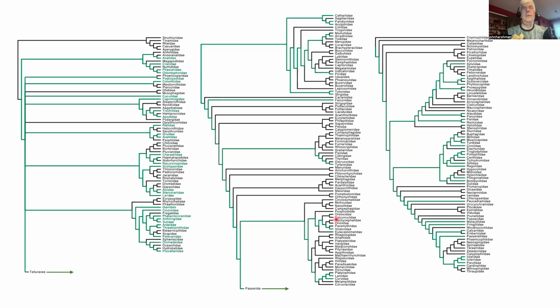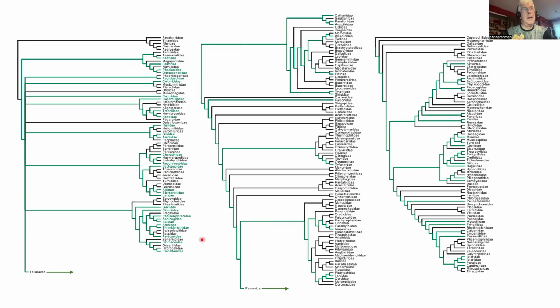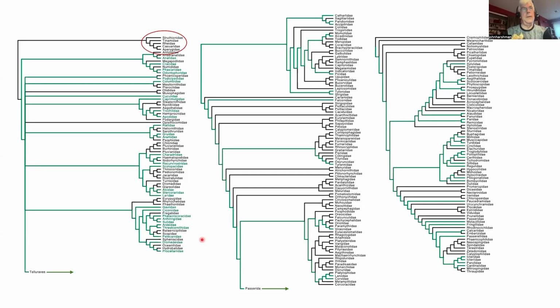I could not fit this all on one screen, so I had to split this tree into 3 pieces. And just for a little bit of orientation, this thing at the top here, that's the ratites and other related birds. Phylogenetically, it's an entire half of the tree.